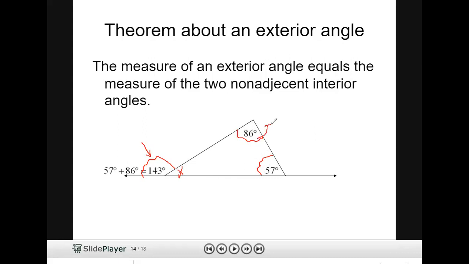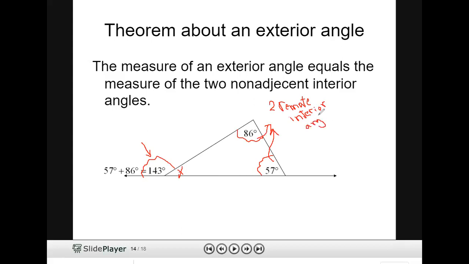We can also call those two remote interior angles.